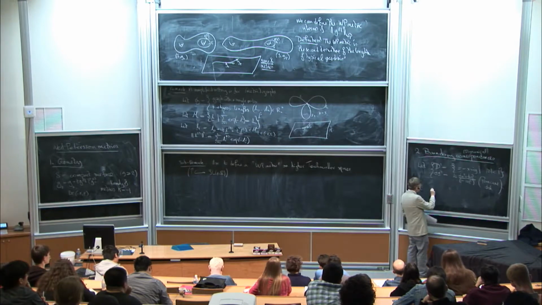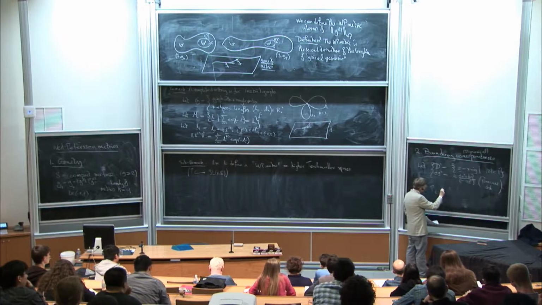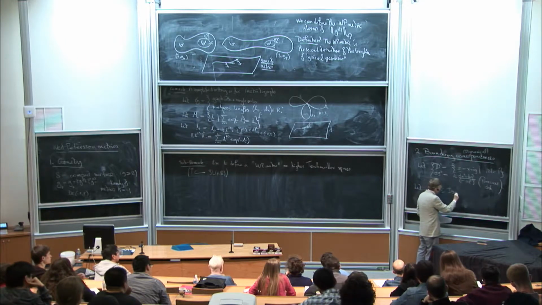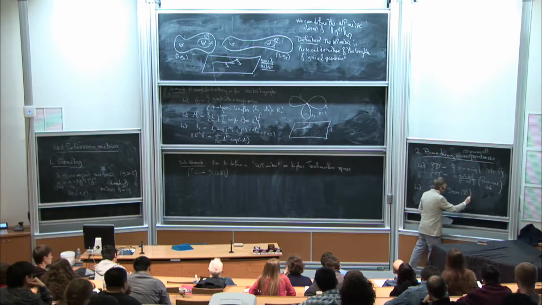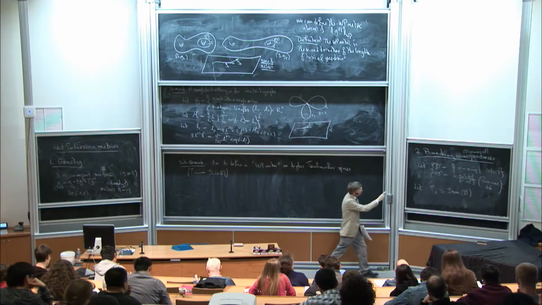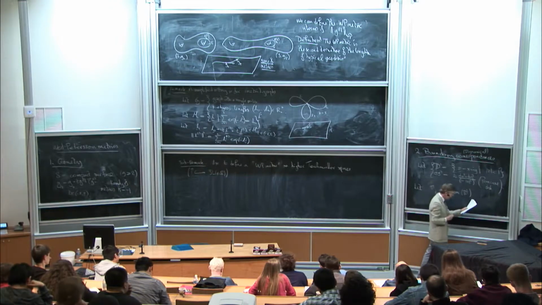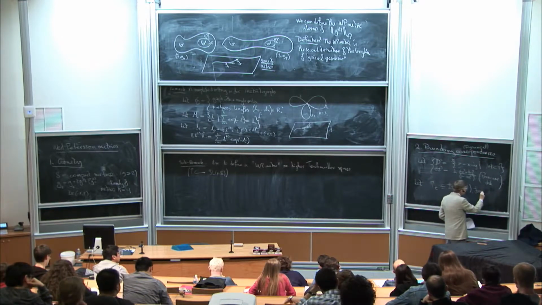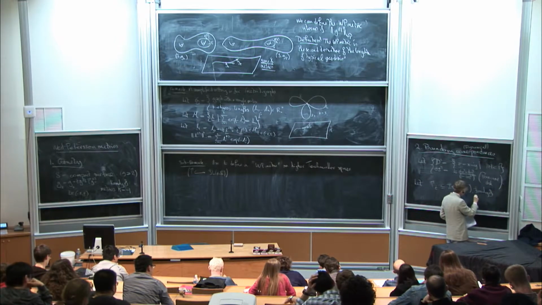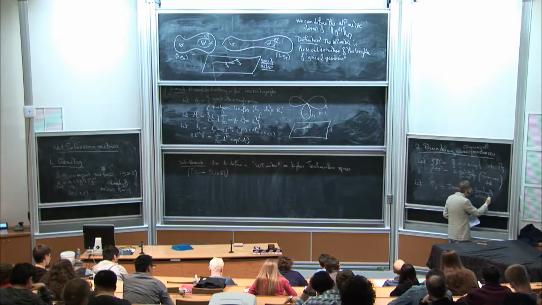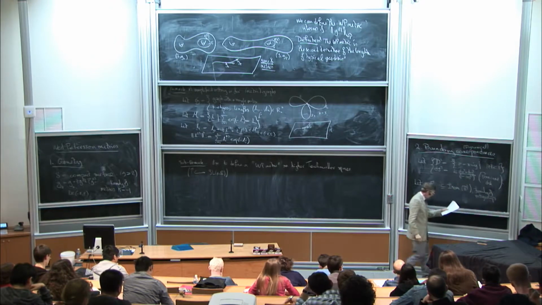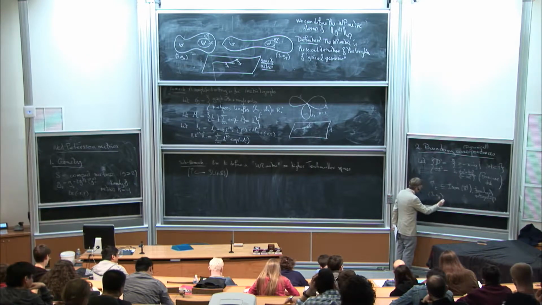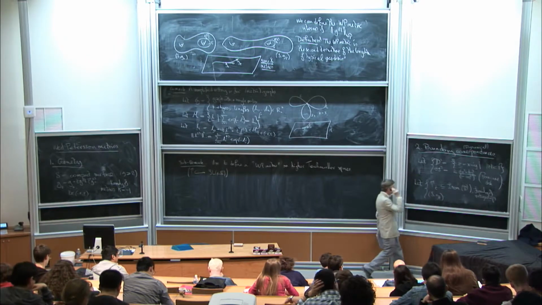So instead, I might like to think of my family as being some discrete subgroup of isometries, a Fuchsian group of isometries with respect to the Poincare metric. And this is going to be a family of subgroups. And then they correspond to the picture I just had before.